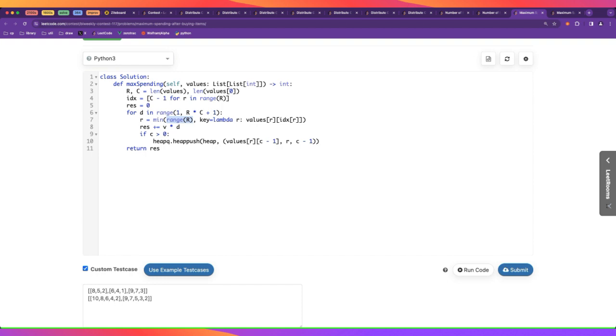Well, I guess we can add, so if the index is not none, the index of the row R. Right.